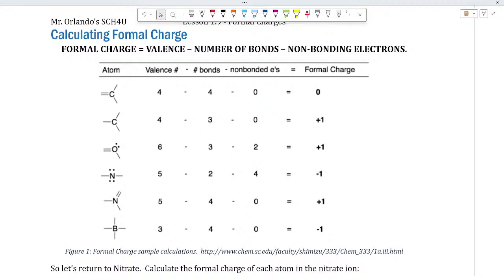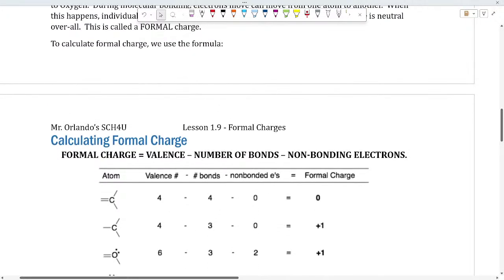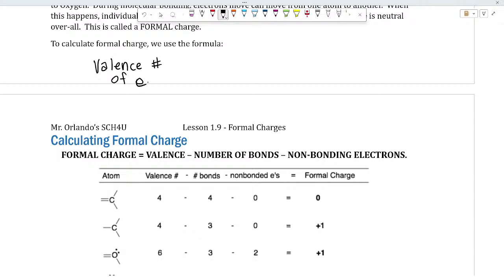Okay, so the typical formula is the valence number of electrons minus how many bonds it's making. It doesn't matter which type. It doesn't matter if it's the sigma or pi bonds. That's number of bonds. Minus the non-bonded electrons.